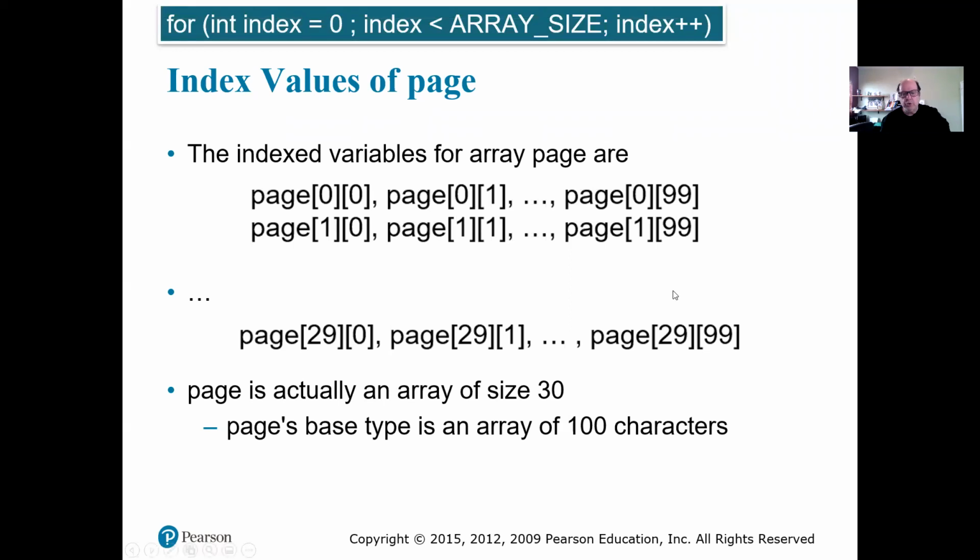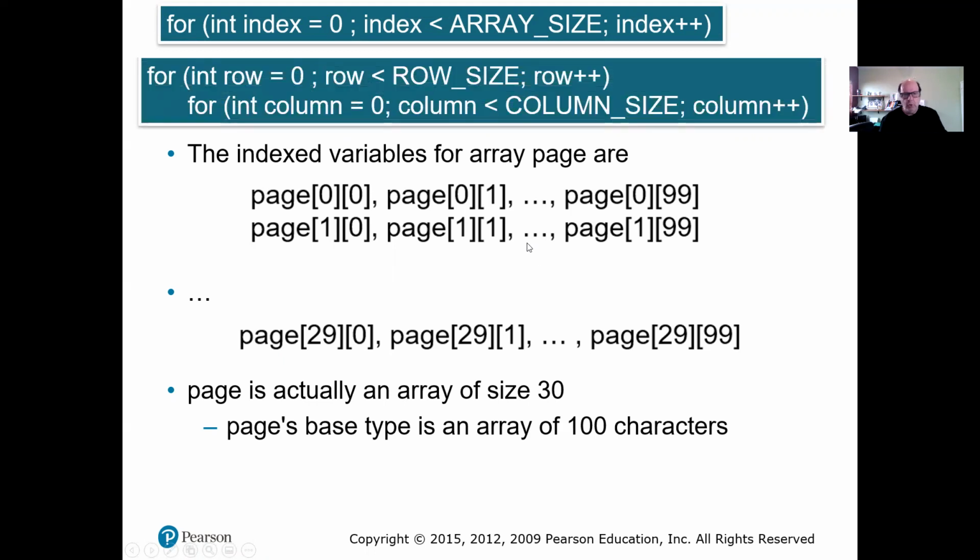Now, when we're switching to a two-dimensional array, we're going to need two loops. One goes through the rows and one goes through the columns. So the first one is going to go through rows, but every time I'm in one row, I'm going to go through all the columns. So I'm going to go to row 0.